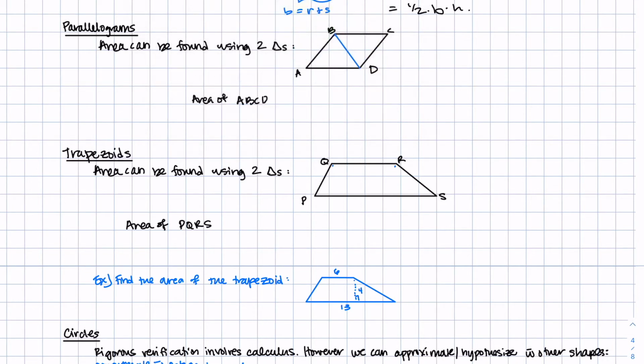And so the area of the parallelogram ABCD is going to be equal to the area of the triangle ABD plus the area of the triangle BCD.